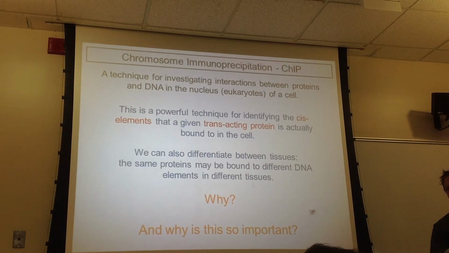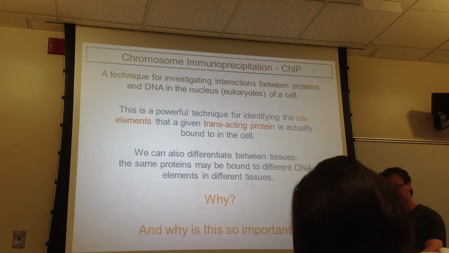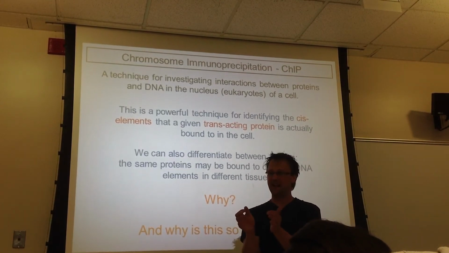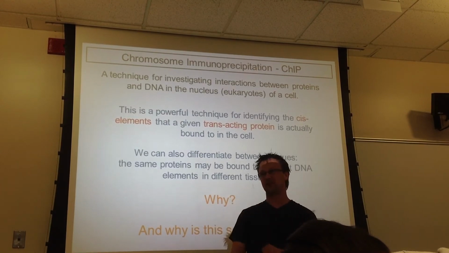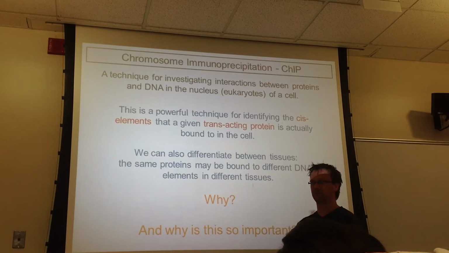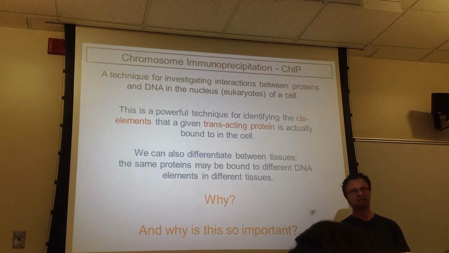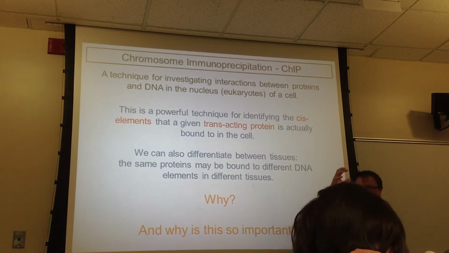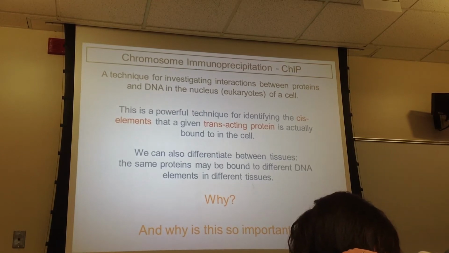Doesn't matter. They're just trans because they're proteins that recognize a cis element. That specific 6-nucleotide element of DNA that they recognize, that's the cis element for those, and then the protein itself is the trans-acting factor. So it has nothing to do with sidedness in this case. So it's not cis or trans, it's just cis and trans coming in. So yeah, biochemists kind of bastardize those terms for their own purpose.